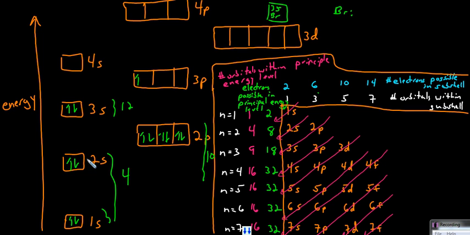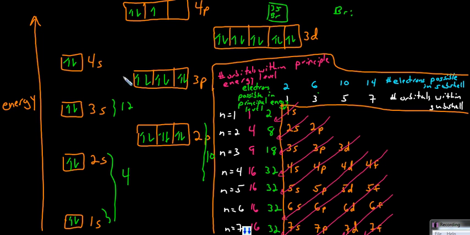So we could do it by this method, where, please note, very strangely, after you fill the 3p, you'll be filling the 4s, and then the 3d, strange, and then the 4p.